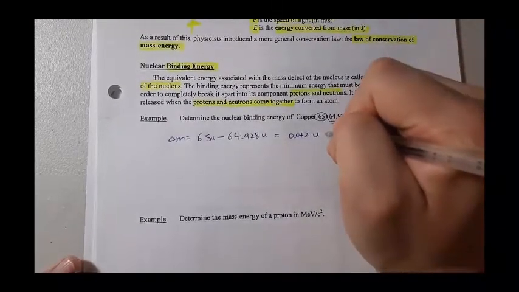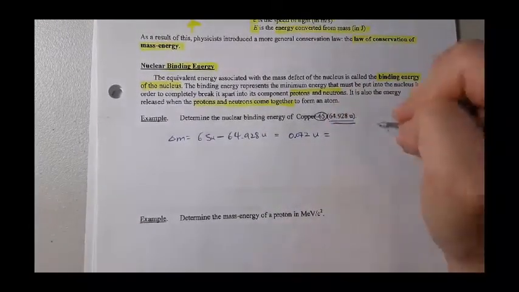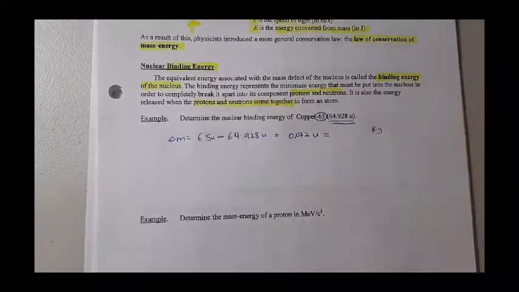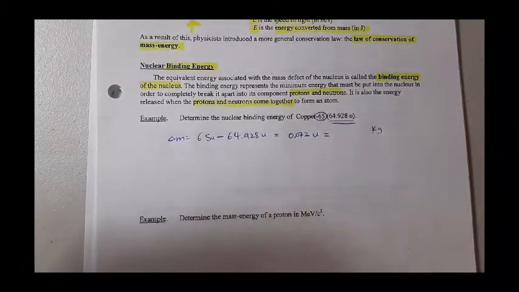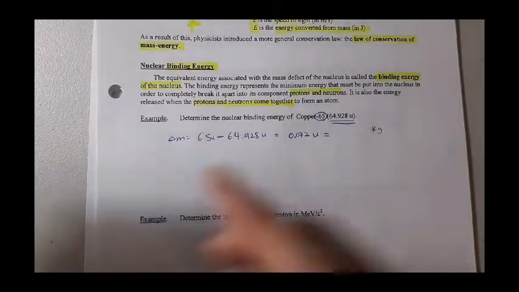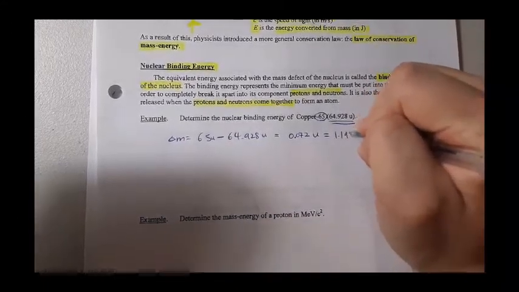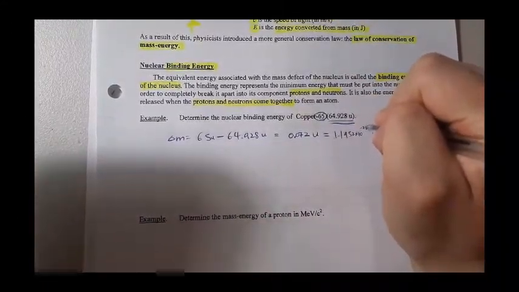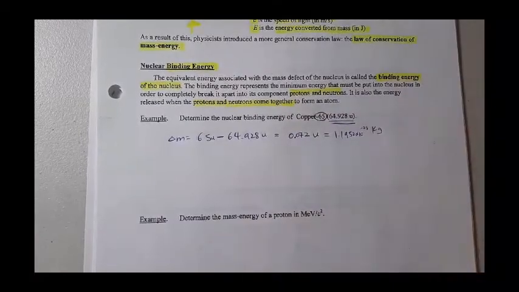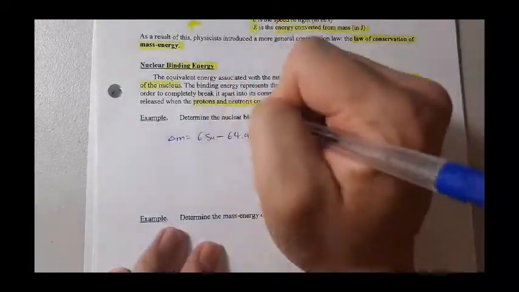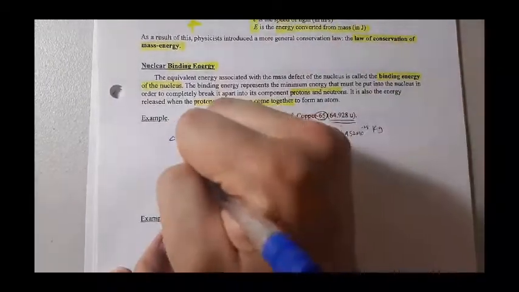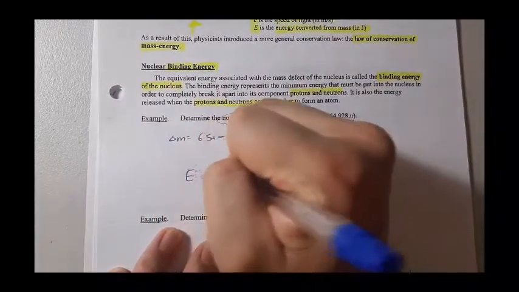And we can actually convert this into kilograms by multiplying by 1.66 times 10 to the power of negative 27. And that's how much mass is defect. Now it says find out the nuclear binding energy, which we can do using our good old Einstein theory.